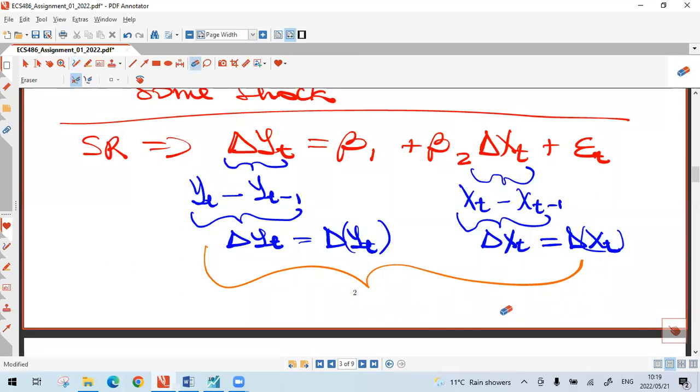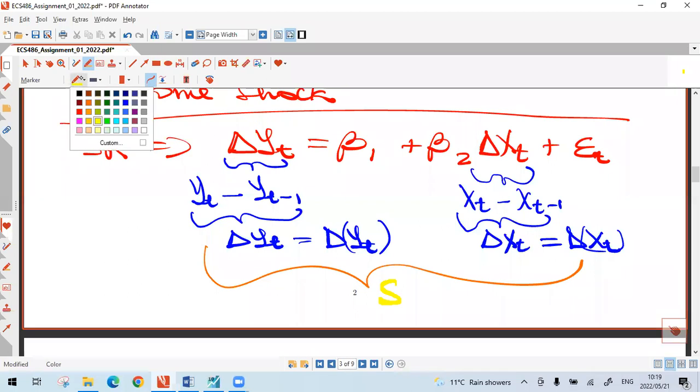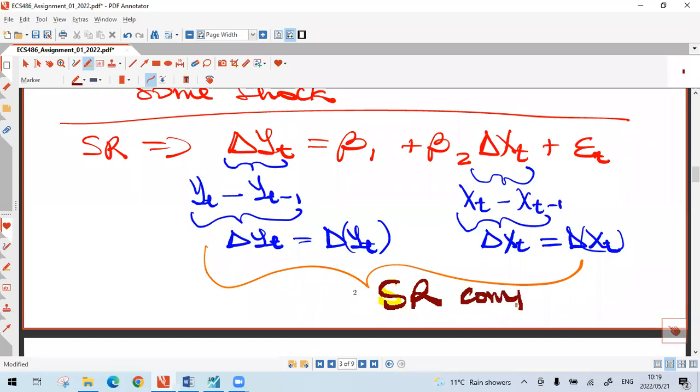We can actually see that we are having our short run components here. But when we are now building an ECM, we are bringing together short run components and long run components.